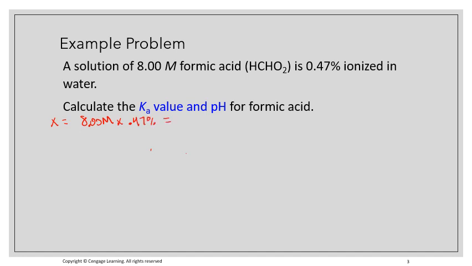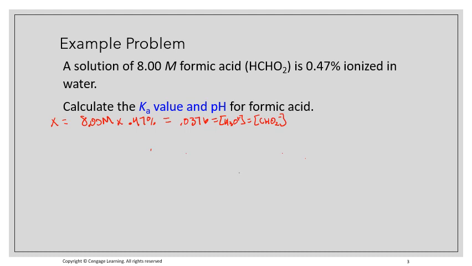Remember to move the decimal over twice, and you end up with your change in X equaling 0.0376. So that will equal the concentration of the H3O+ and also the formate ion CHO2-.